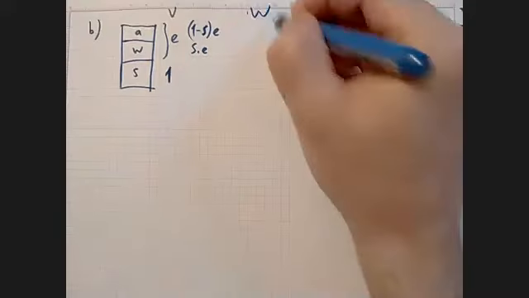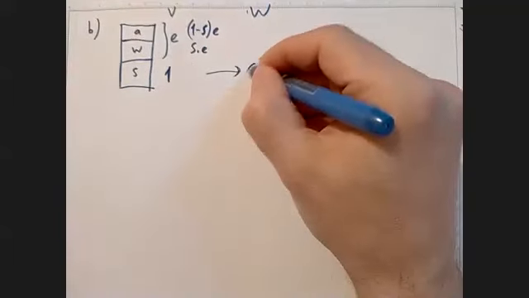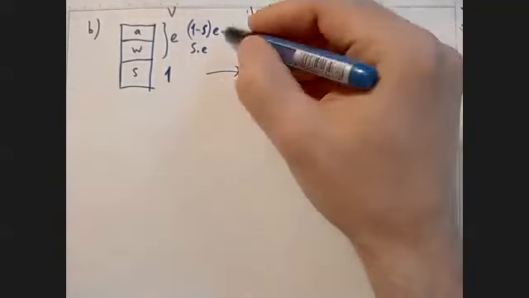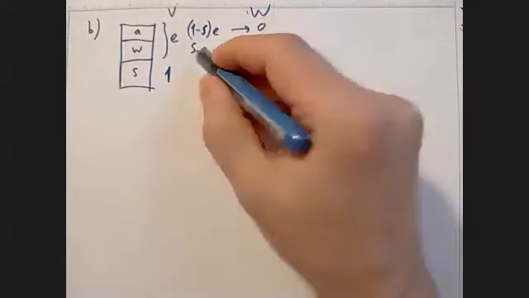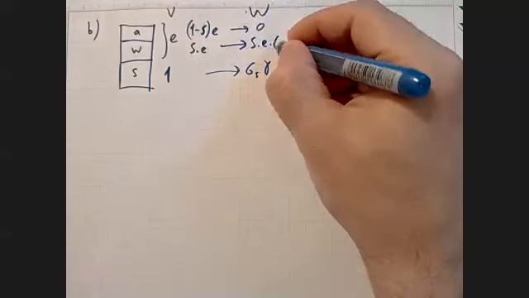So then my weights become, again, G_S gamma_W here. And up here, this will be 0. This will be, it's water, therefore S E gamma_W.